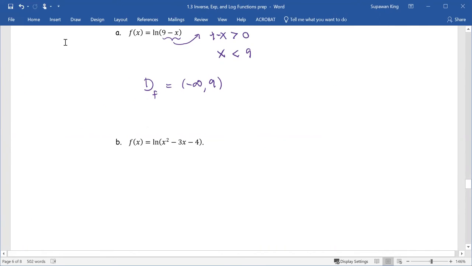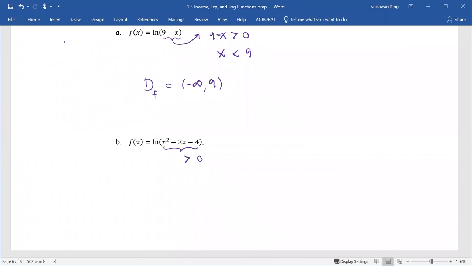Part B, f of x is natural log of x squared minus 3x minus 4. This expression must be greater than 0. Factor completely: x minus 4 times x plus 1 greater than 0.